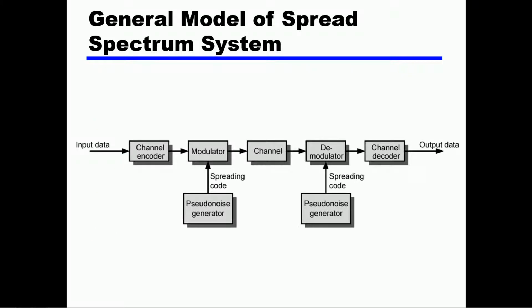Essentially, this is what we're looking at. We do a channel encoder. That also is fed into a pseudo-noise generator that helps produce the spread code, and then those get transferred over a channel. From those channels, the receiving end will actually demodulate it, and again will separate it back with the spread code and our channel decoders.